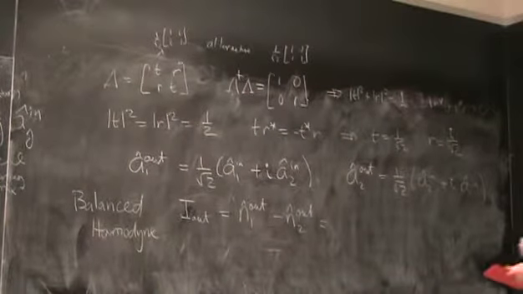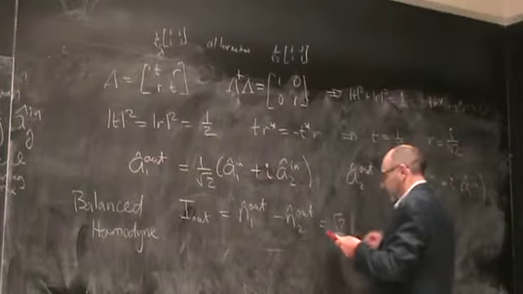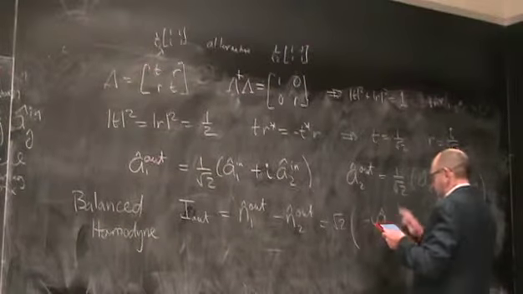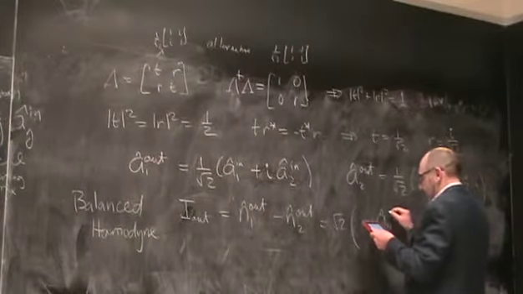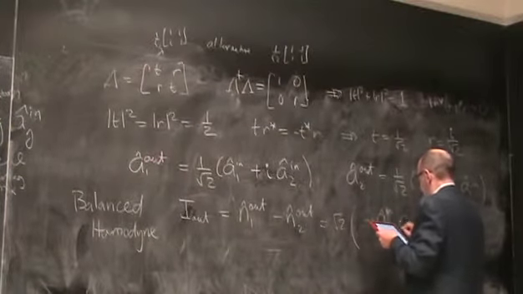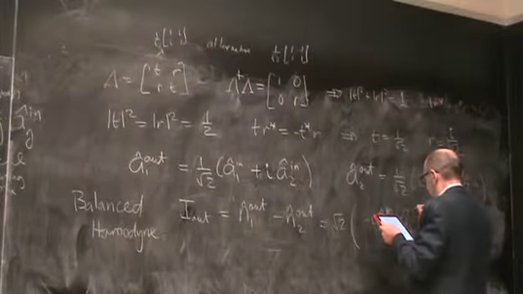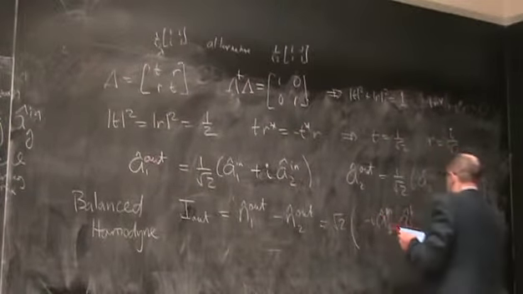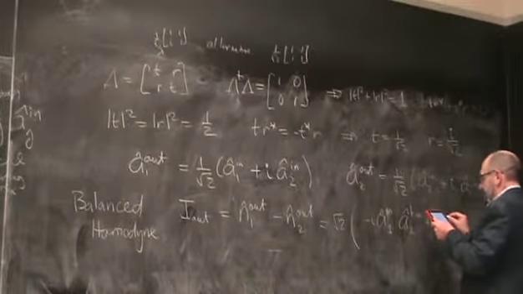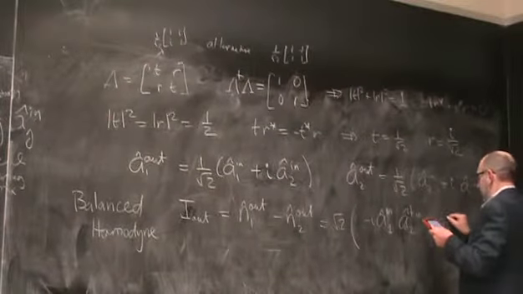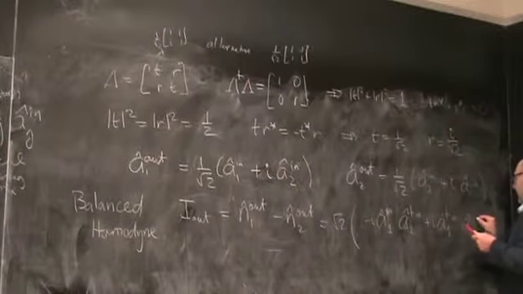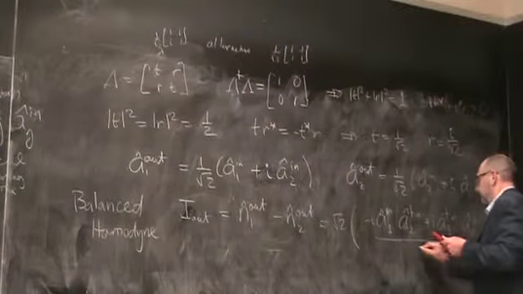Okay, so that is equal to 1 over root 2, so this is A1, and I have a slightly different notation, but I'm not going to bother with that now. I'll just translate. Plus i A1 dagger A2 over 2.